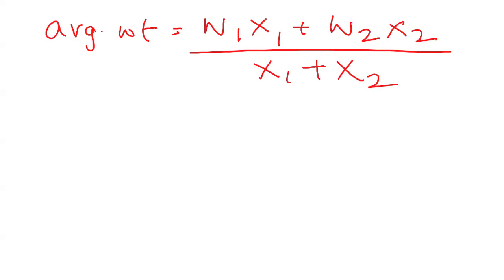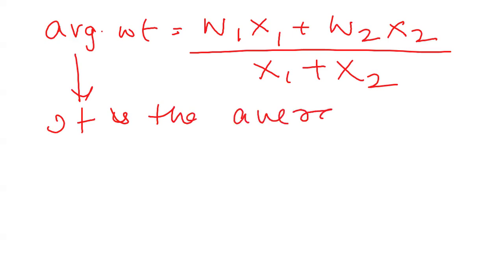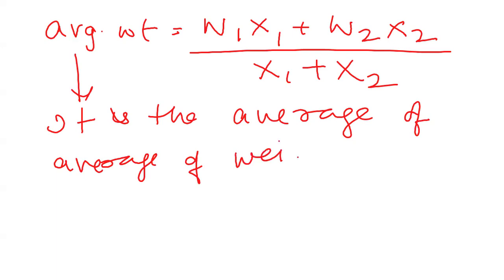So what we will see is that atomic weight is the average of weights of all the isotopes which are present in that element.